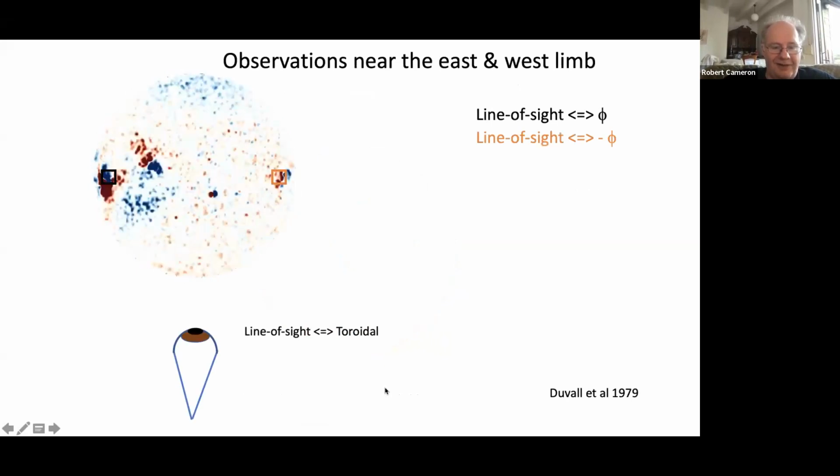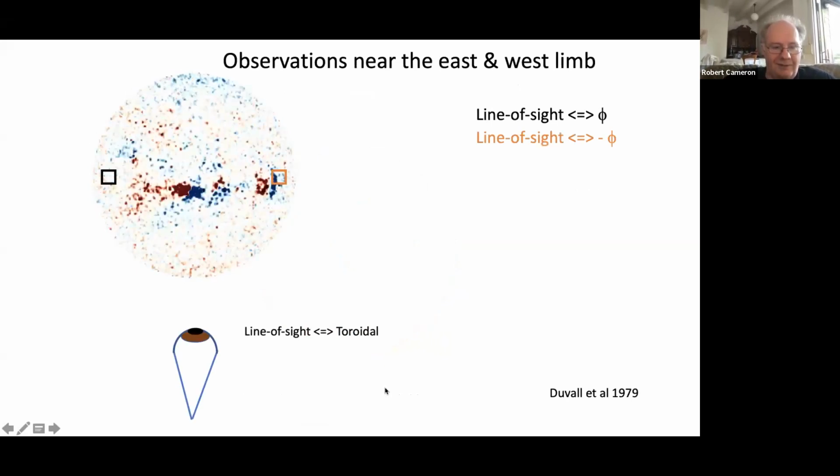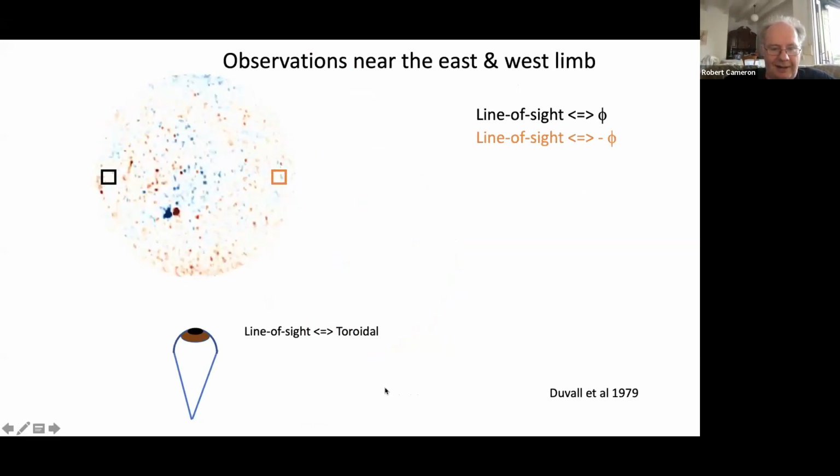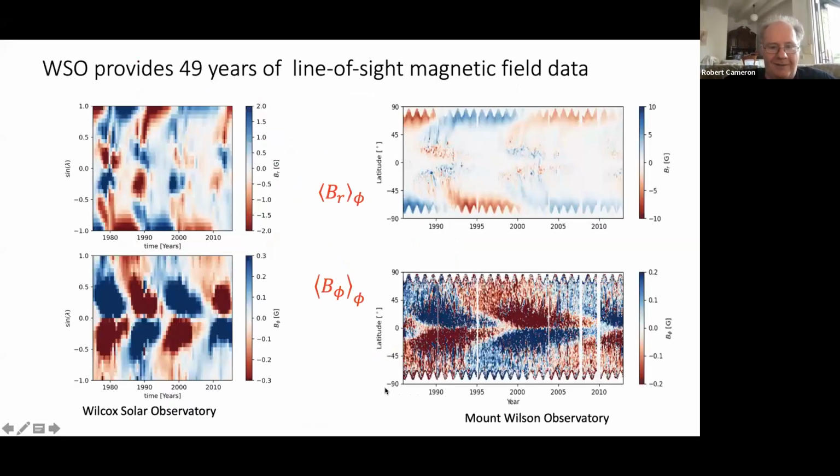And if you look towards the limbs, the east and west limbs, for example, you get the phi component of the field. And this allows you to make magnetic butterfly maps. On the left, we have magnetic butterfly maps from WSO for the last 49 years. And on the right, we have them from Mount Wilson Observatory, which covers 30 years, something like this.